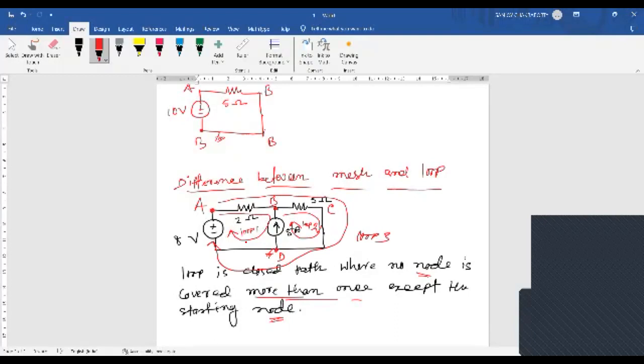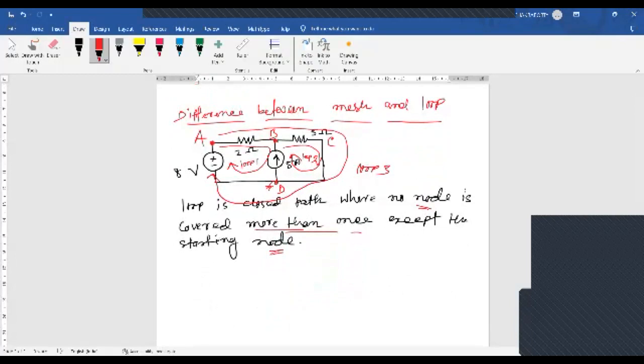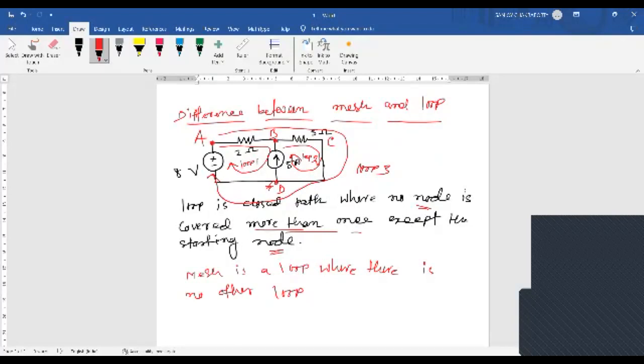And what does mesh mean? A mesh is a loop where there is no other loop inside it.